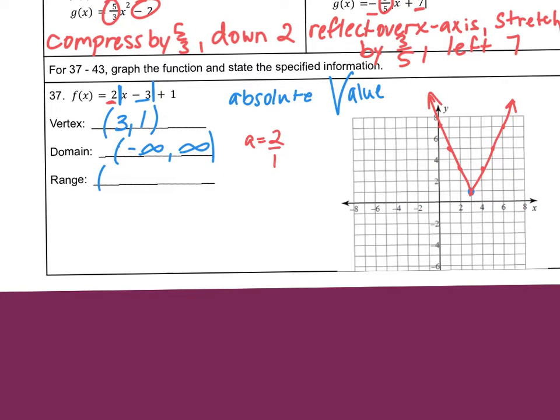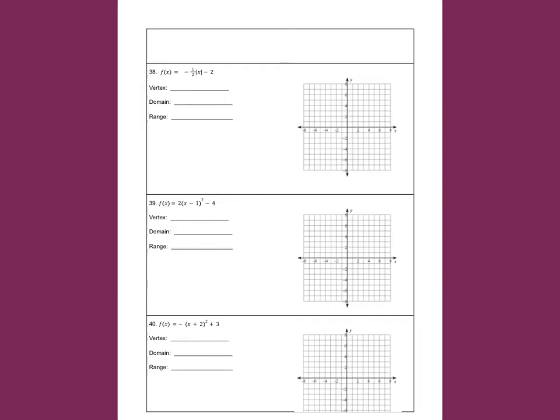So reading from bottom to top, because that's how we read range. We read from negative values to positive values, just like we do for domain. So starting at positive 1, that's where I'm hitting the y-axis. If I make an imaginary line right there and go up forever, so up to infinity. So that is how you do an absolute value.